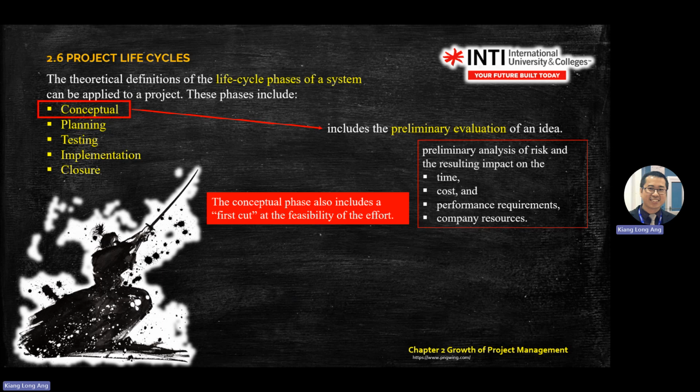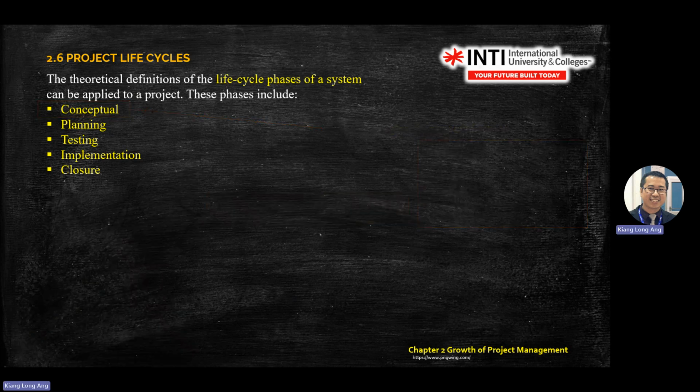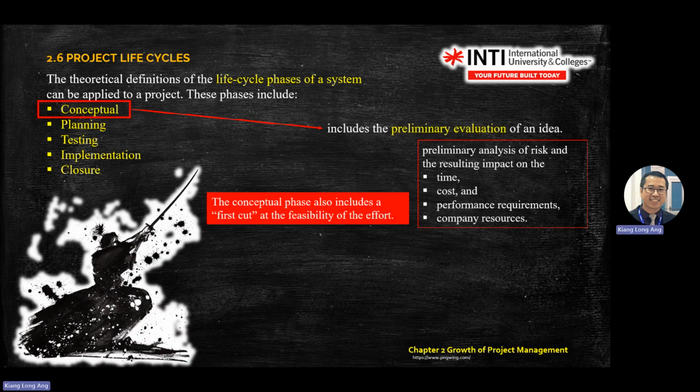So first cut here means before you go into the bidding, you already know your company cannot do it. And your financial department may warn you that you cannot go over a certain budget. So there are things inside the preliminary evaluation that help you decide whether to proceed, cancel, or not go for the bidding.